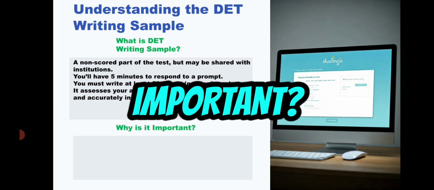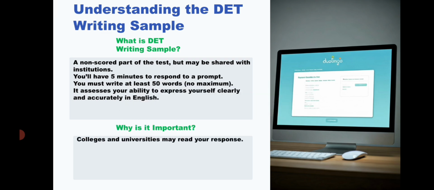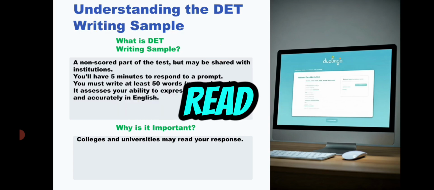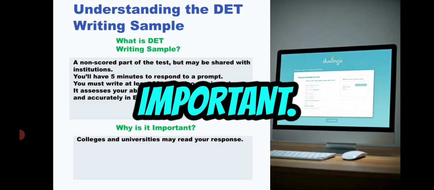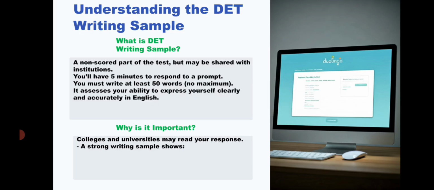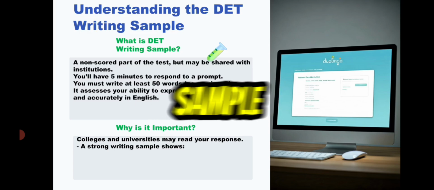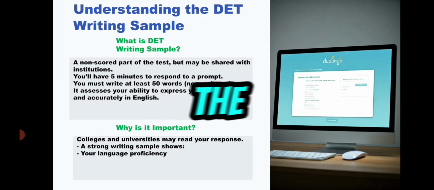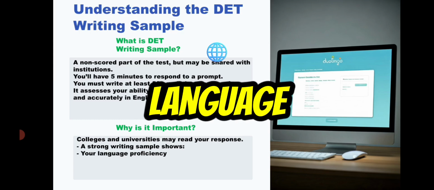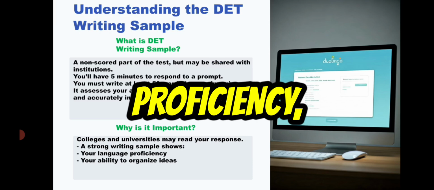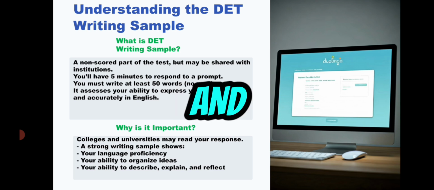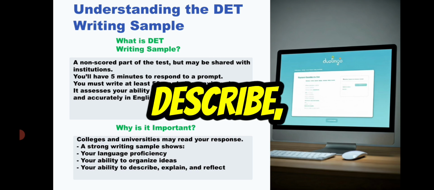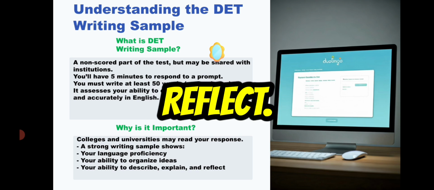Why is it important? Colleges and universities may read your response. This is one of the reasons why it is really important. A strong writing sample shows the following: your language proficiency, your ability to organize ideas, and your ability to describe, explain, and reflect.